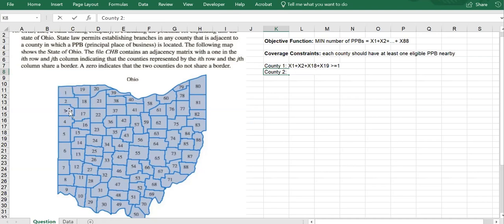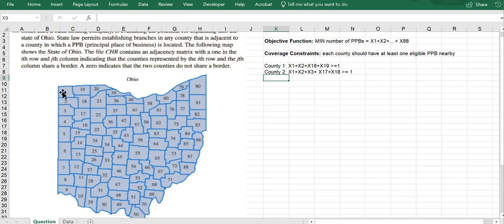All counties that share some border with it. x1 plus x2 plus x3 plus x17 plus x18, and that has to be greater than or equal to 1 for county 2 to be eligible to have one branch in it.